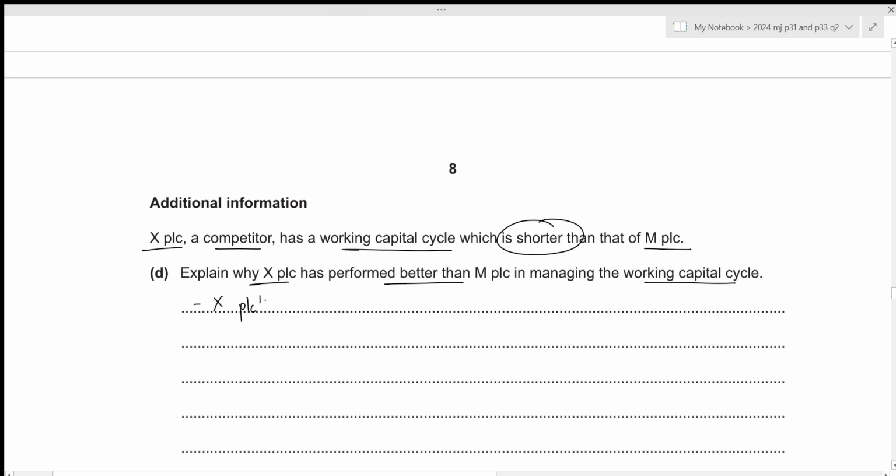XPLC's credit customers may take a shorter time to settle their trade debts.